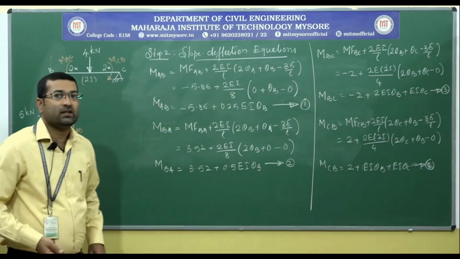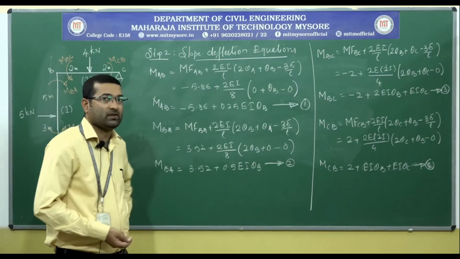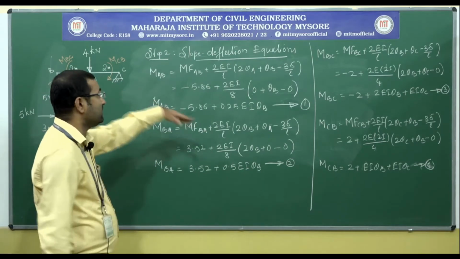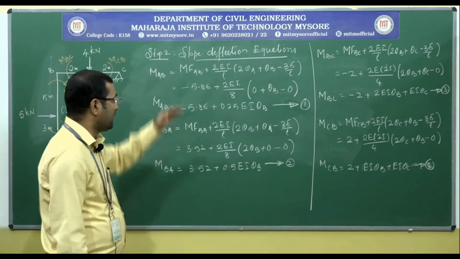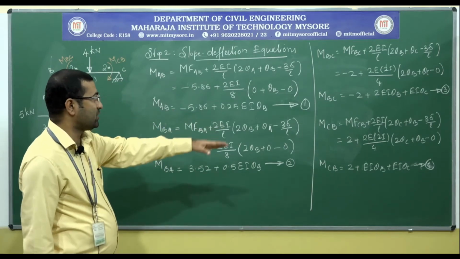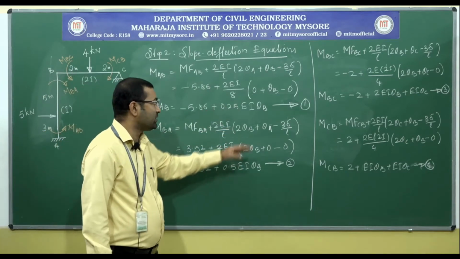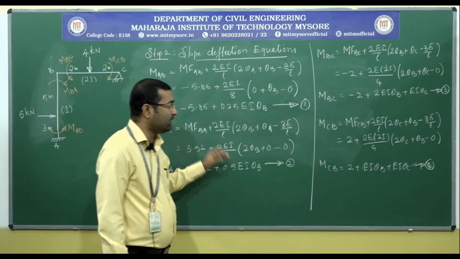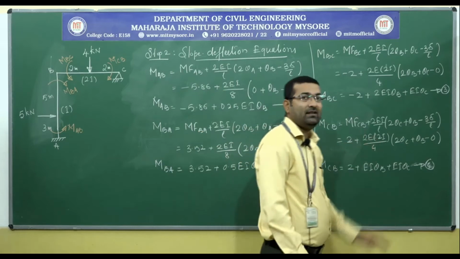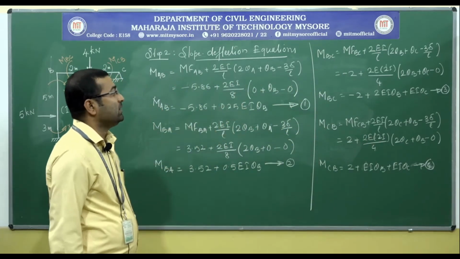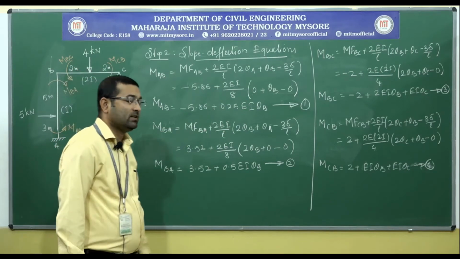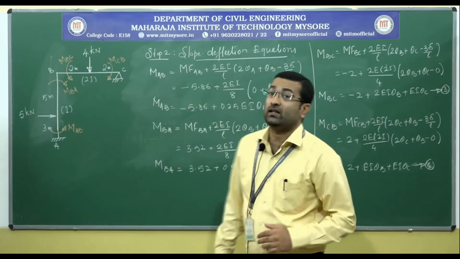So these are the slope deflection equations. As there are only 2 members, we have only 4 slope deflection equations. If I observe the 4 equations, in all of them I can find EI theta B and EI theta C as the unknown variables. So we need to determine these. What are EI theta B and EI theta C?